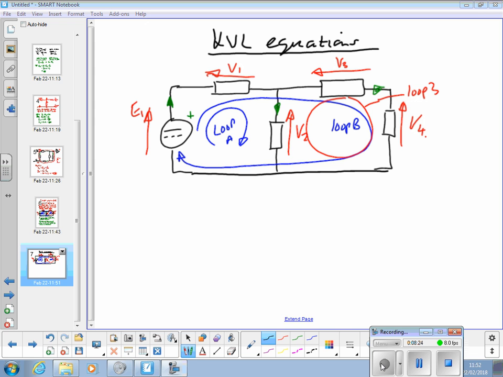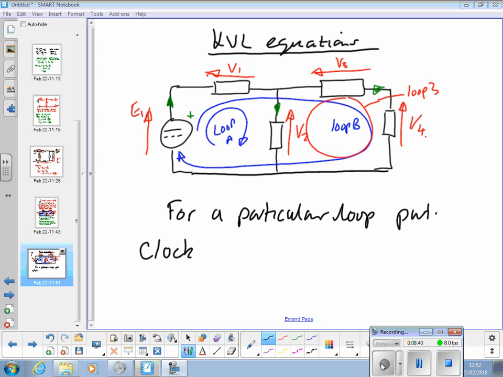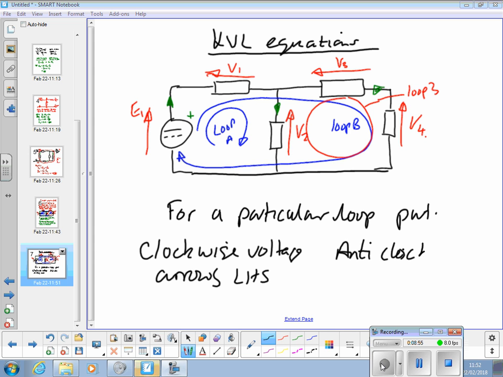For a particular loop, clockwise voltage arrows go on the left hand side, anti-clockwise arrows on the right hand side.